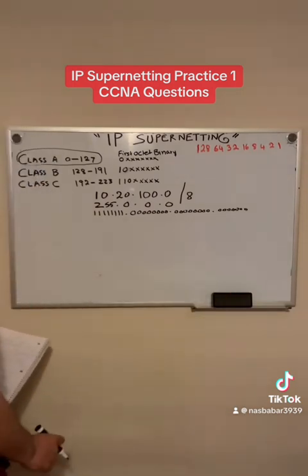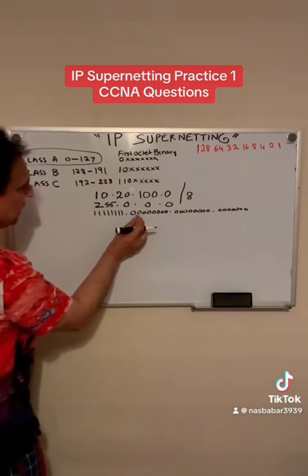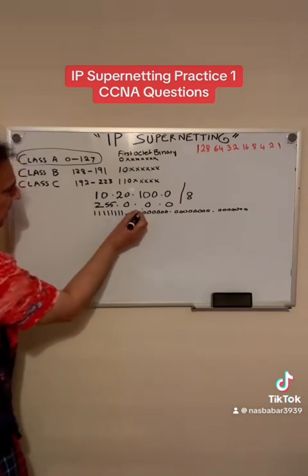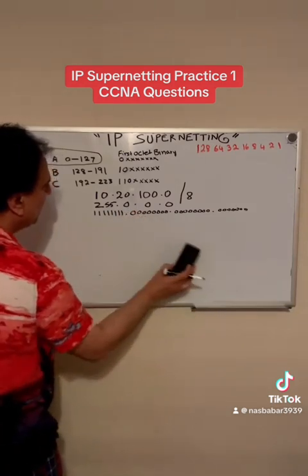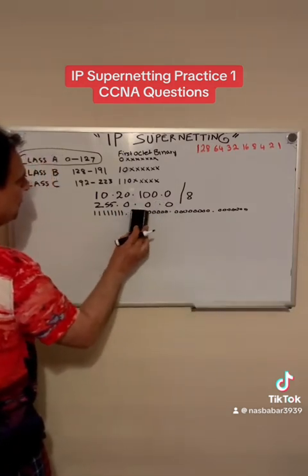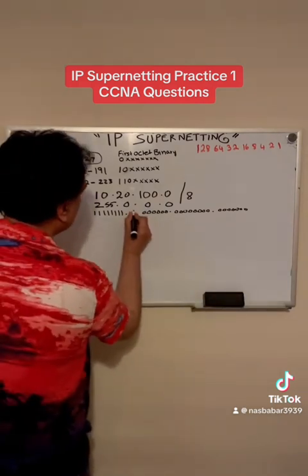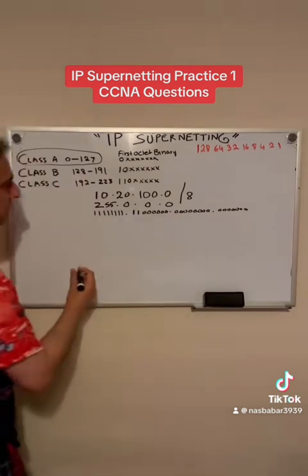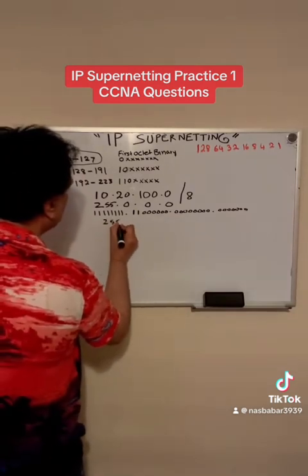So here's what we're going to do. We are going to steal 2 zeros right here and make them 1. So what is going to be my new mask? This is still going to be 255.